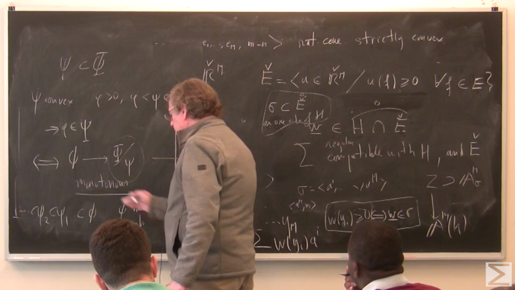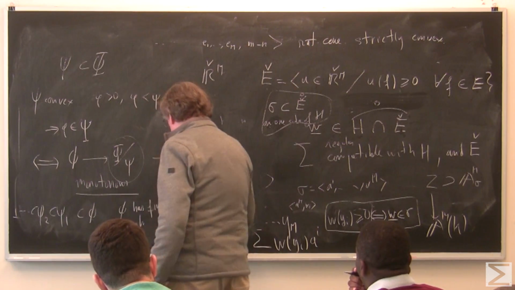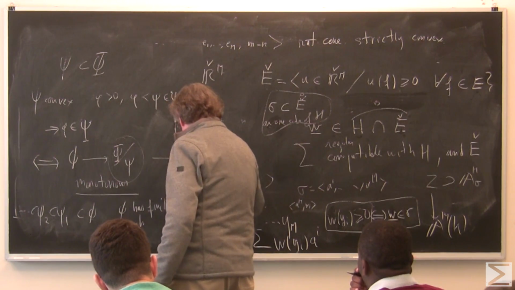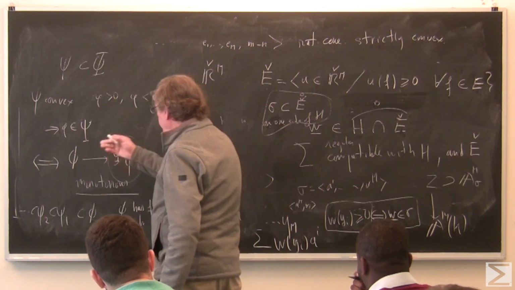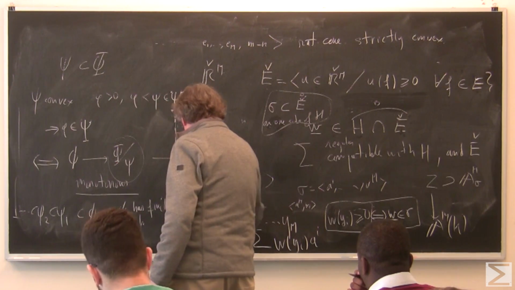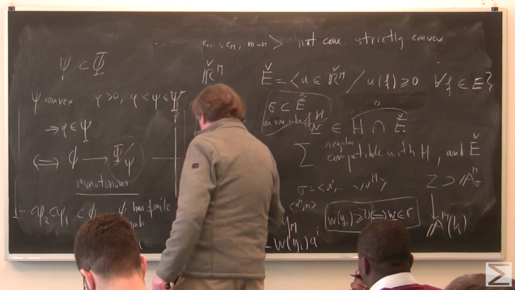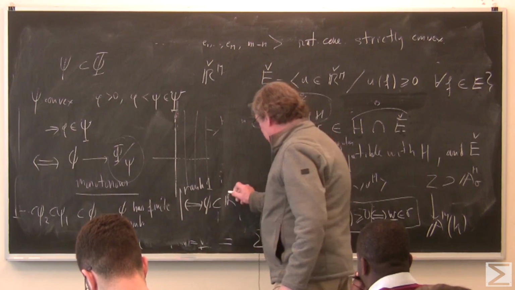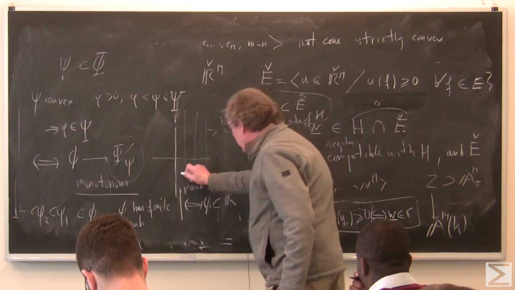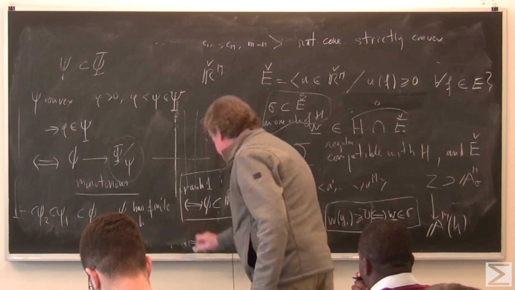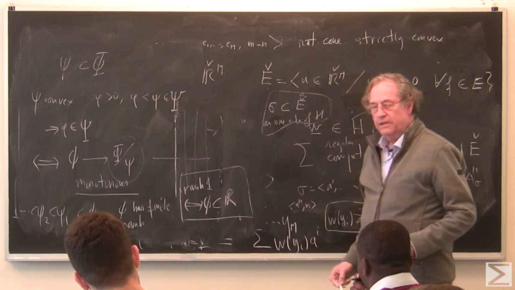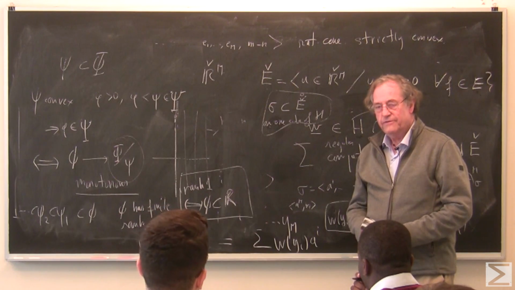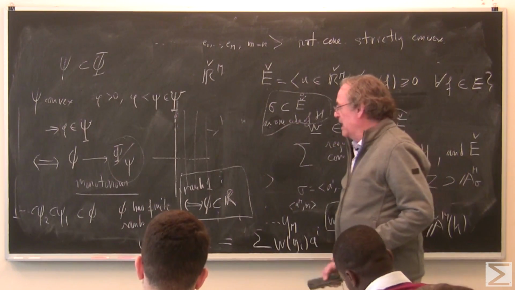The rank is equal to the length of the sequence of subgroups. And the important thing is that rank 1, that means no non-trivial convex subgroup, is equivalent to saying that phi can be embedded in R as an ordered group. So in valuation theory, rank 1 makes life a lot easier.